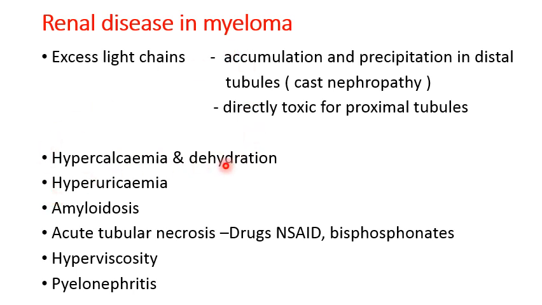Hyperuricemia can cause renal disease. Amyloidosis can cause renal disease. If you use a lot of NSAIDs and bisphosphonates, it can cause acute tubular necrosis, as well as hyperviscosity causing renal failure, and recurrent infections like urinary infections causing pyelonephritis.